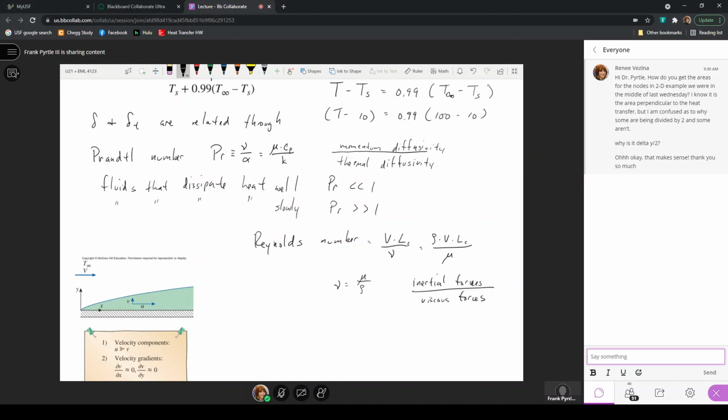Depending on the flow configuration, the way that we define the Reynolds number will be different. We have Reynolds numbers defined with a characteristic length that is the length for flow over a flat plate, but the characteristic length for a sphere or a cylinder would be its diameter.